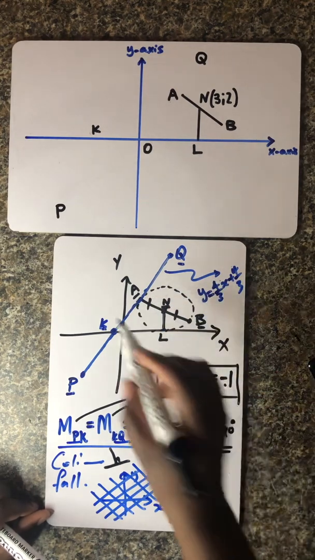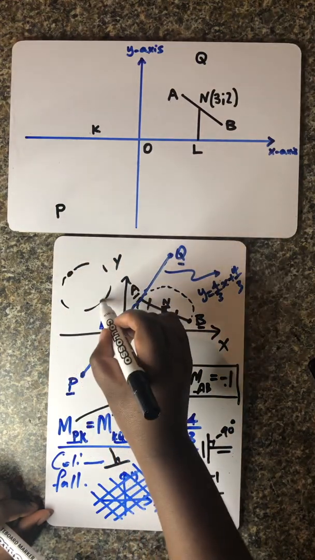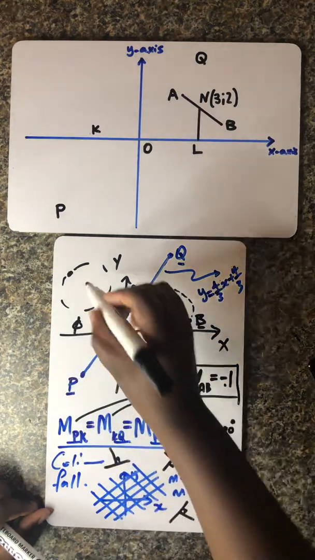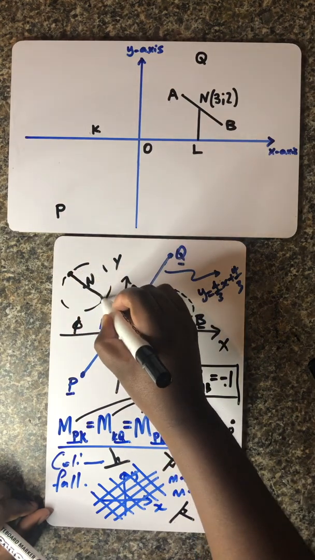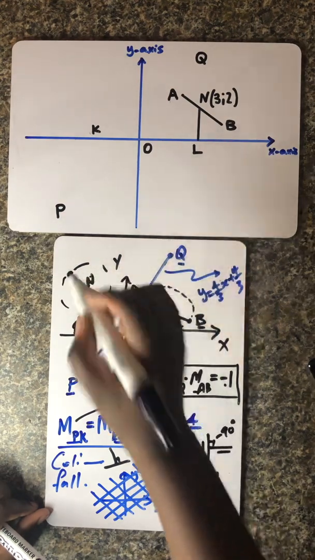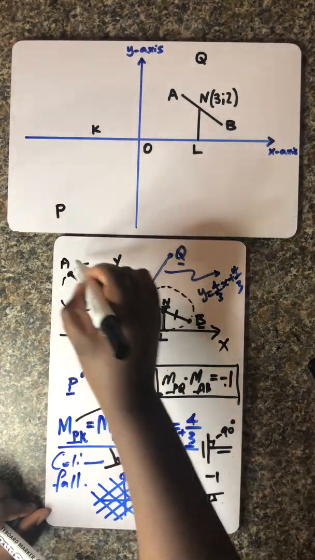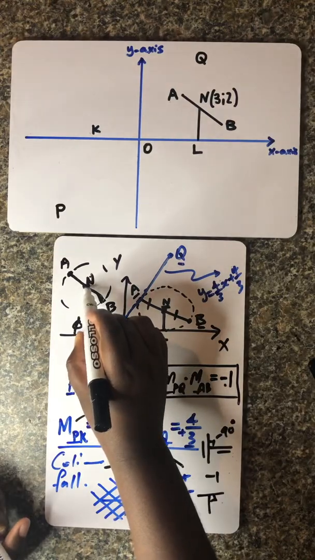Why are they equal? It's because from point A to point B, this is the diameter. The midpoint is N over there. So that means N is the midpoint of A and B. Why? Because N is the center.